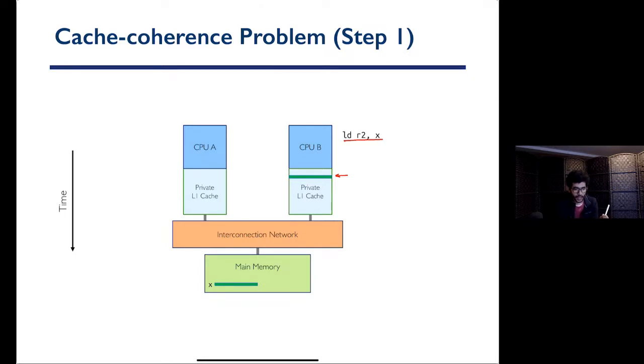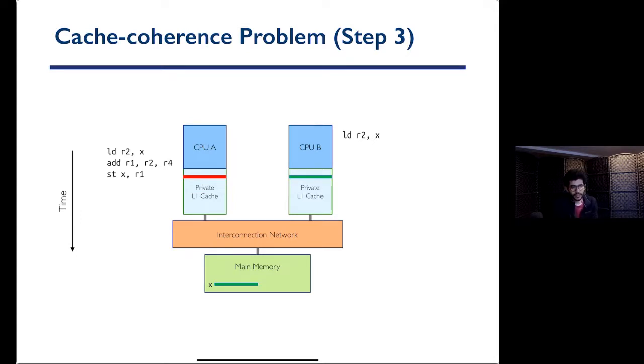Now let's say simultaneously CPU A is running code that needs this data. So let's say we do the same thing in CPU A. We load this data. And then we actually modify it in CPU A. So we modify this location, and the modification is then saved to this location.